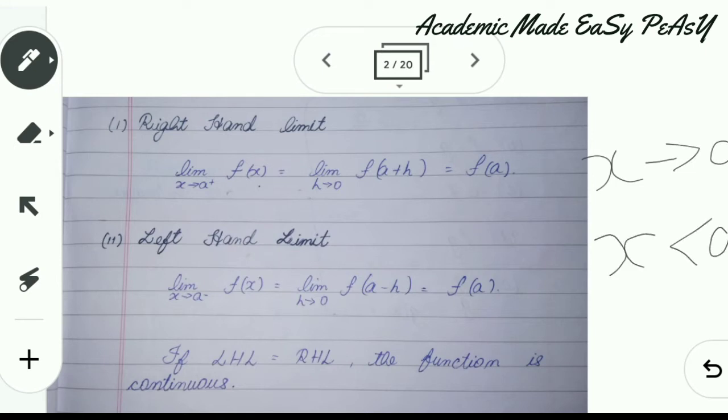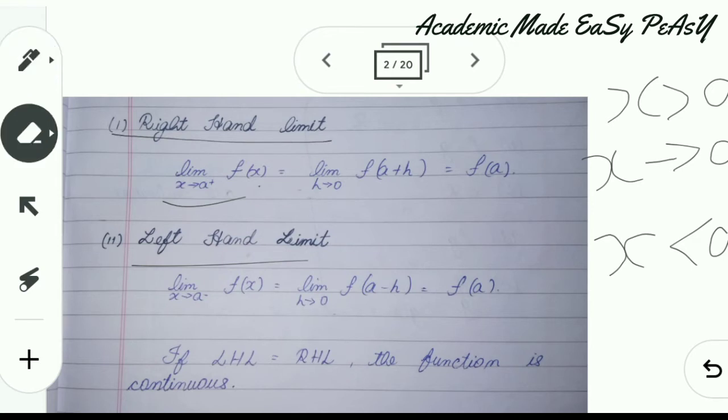That is called the left hand limit, a minus. If we take x greater than a, we will be taking x tends to a plus. That we will be learning in the exercise in detail. So we will be saying right hand limit and left hand limit.